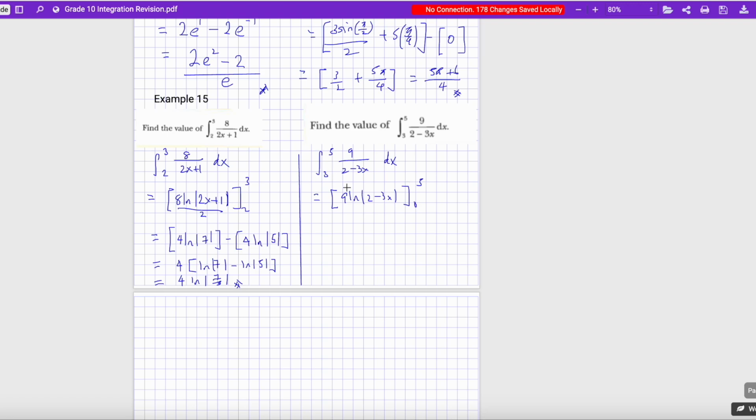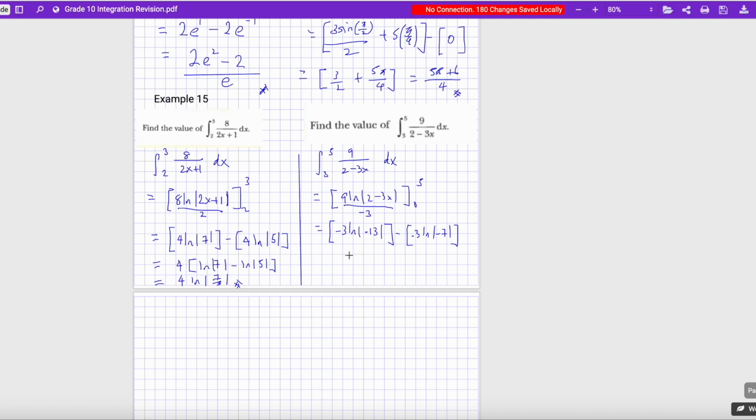In this case, it's minus 3, right? So divide by minus 3. Let's sub in 5. We should be able to get minus 3 ln, let me work it out, that should be minus 13, I believe. And then we're going to put in 3, that should be minus 3 ln minus 7.